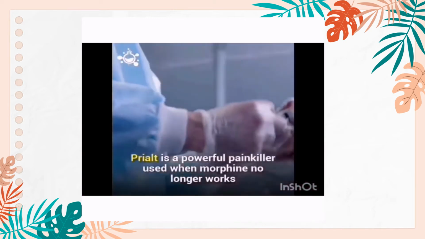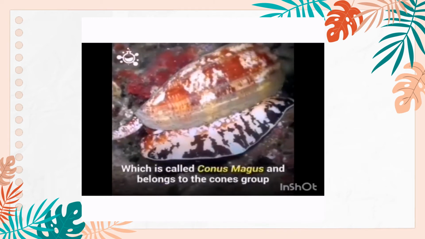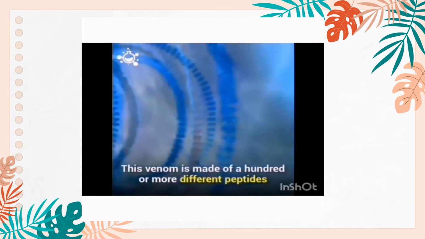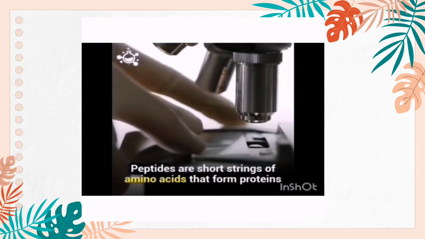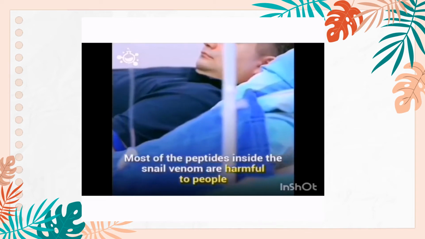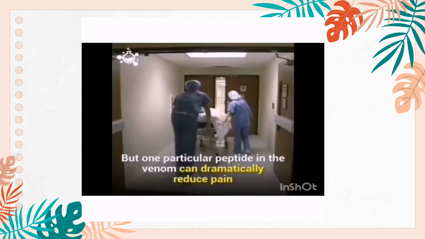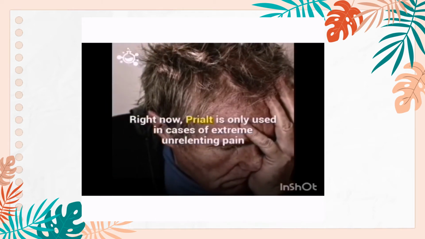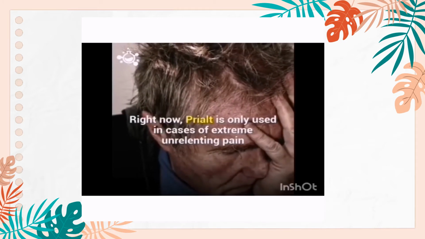Prialt is a painkiller that we use when morphine no longer works. It comes from the venom of a marine snail, which is called Conus magus. This venom has many different peptides. The peptides come from amino acids and form the proteins. Most of the peptides in the venom are harmful, but the scientists found out there is one particular peptide that can reduce pain. However, Prialt is only used in cases of extreme pain because it does not cross the blood-brain barrier.